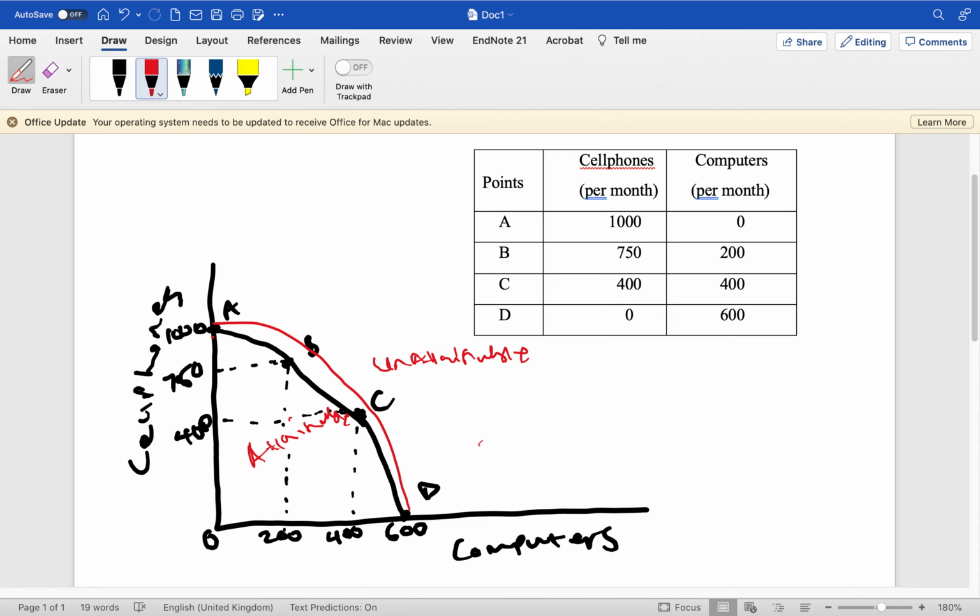So do not confuse yourself, there are no calculations yet that we need to apply in this example. I will come back to explain in detail how we can calculate the opportunity cost when moving from point B to point C.